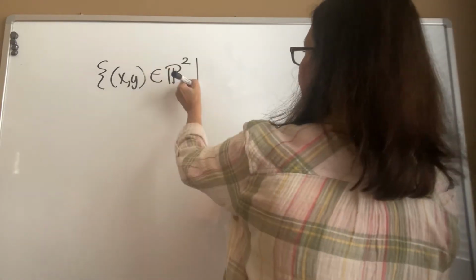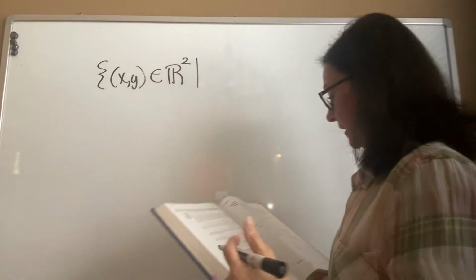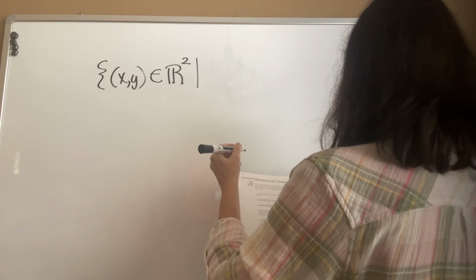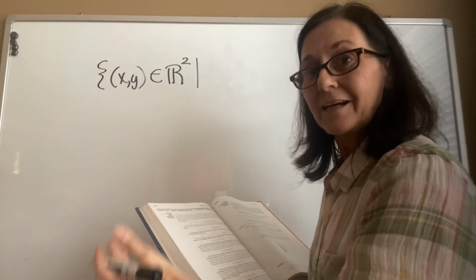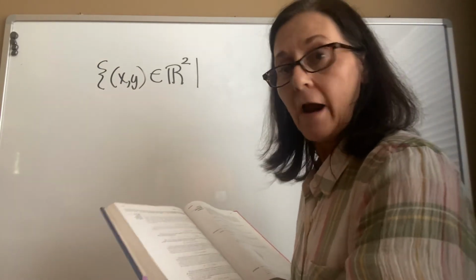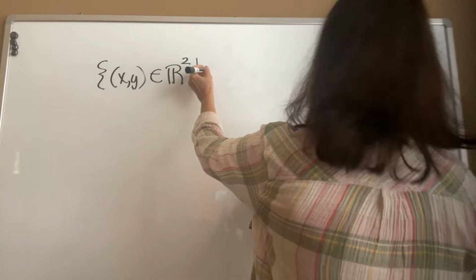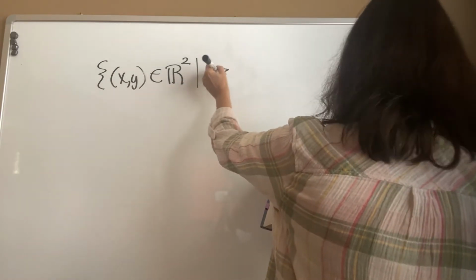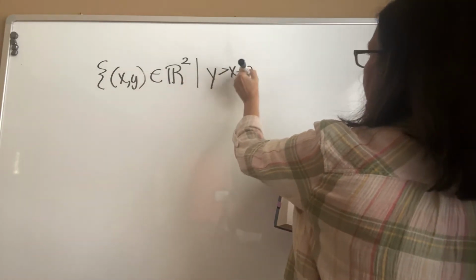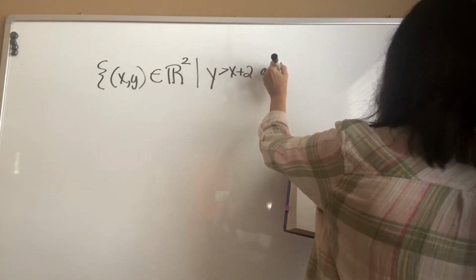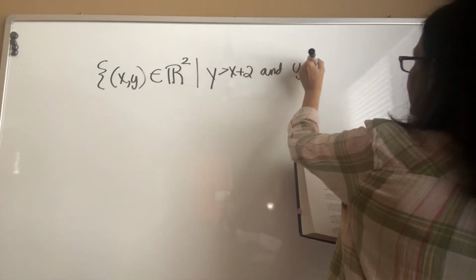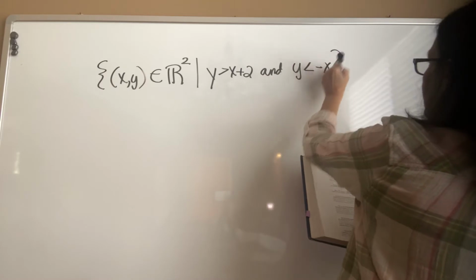Such that, that's what you read when you see the line, and we're going to have 2 equations because we're in 2 dimensions, and we're going to graph them. Such that y is greater than x plus 2 and y is less than the opposite of x.